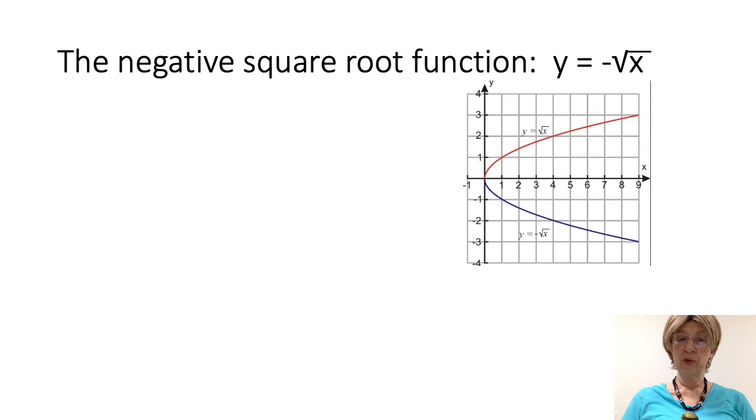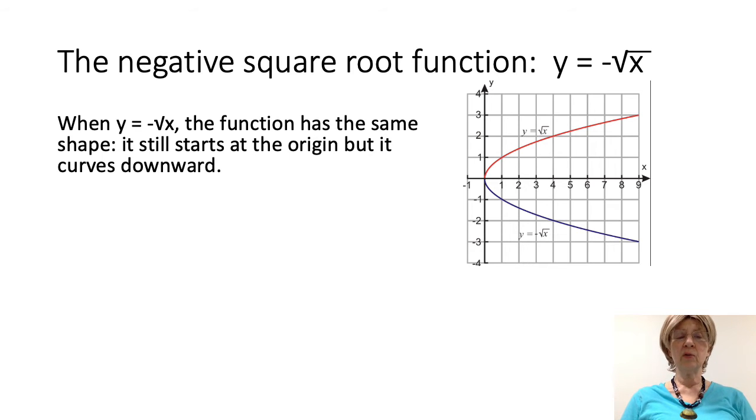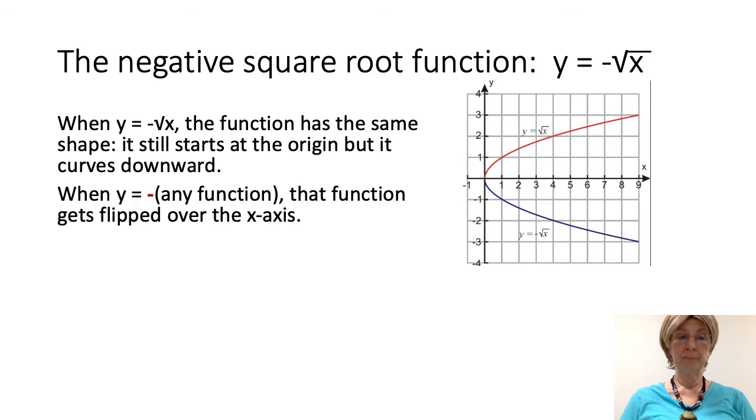The negative square root function, y equals minus the square root of x. When y equals minus the square root of x, the function has the same shape. It still starts at the origin, but it curves downward. When y equals negative any function, that function gets flipped over the x-axis.